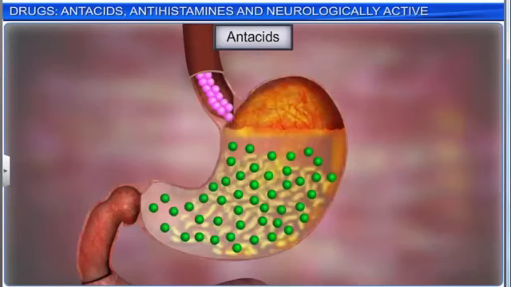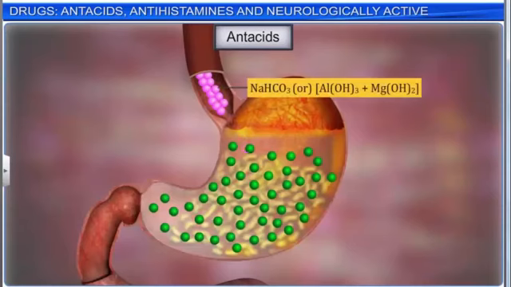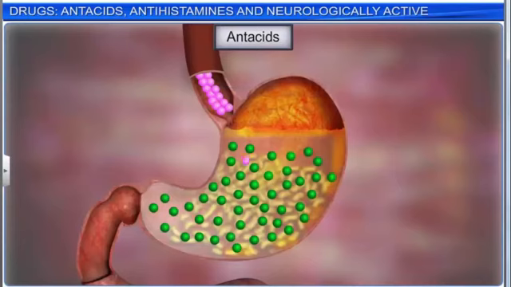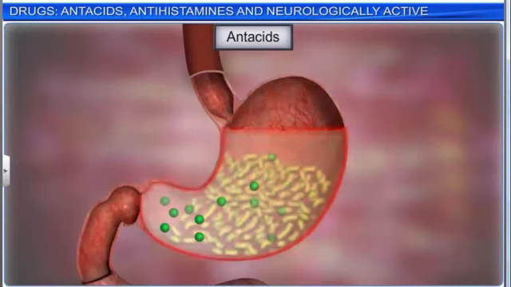For many years, stomach acidity was treated by giving antacids such as sodium hydrogen carbonate or a mixture of hydroxides of aluminium and magnesium hydroxide. However, excessive use of antacids makes the stomach alkaline and triggers the production of even more acid.